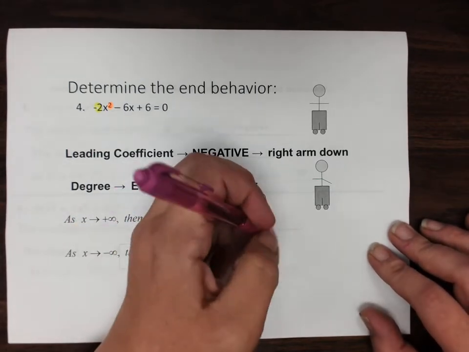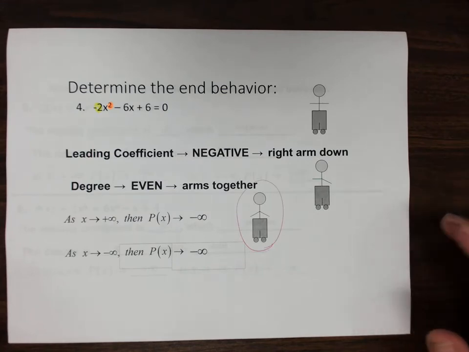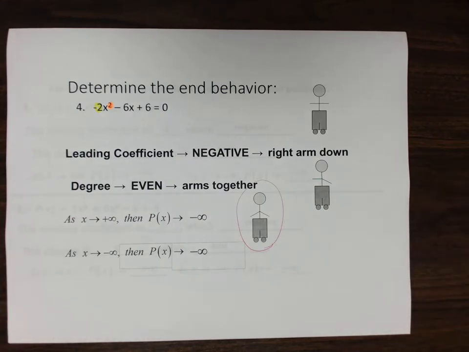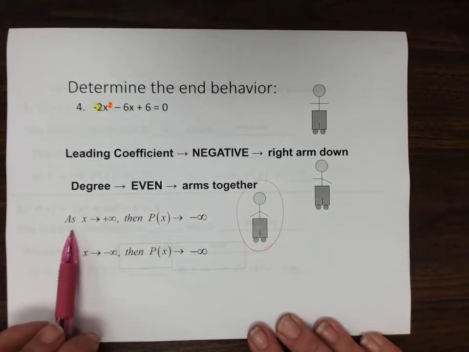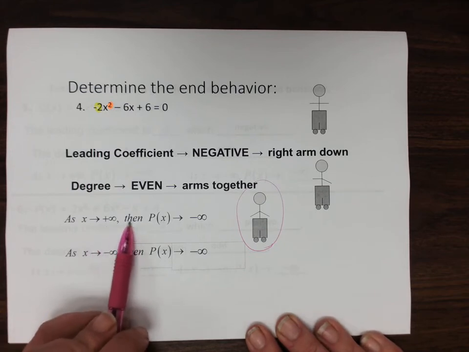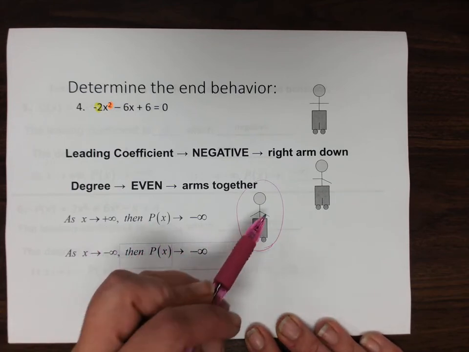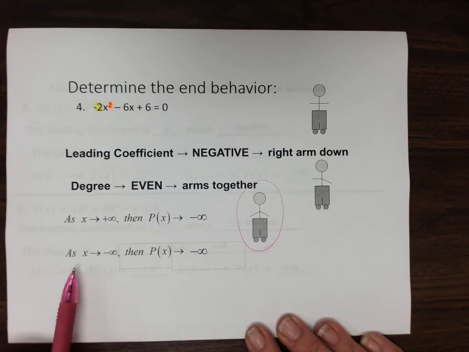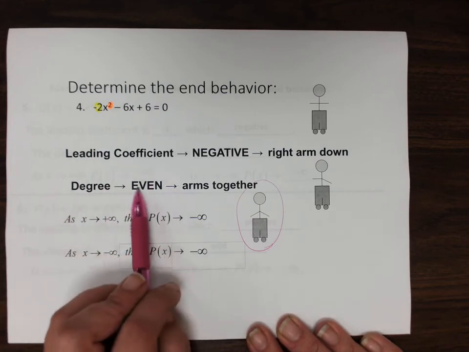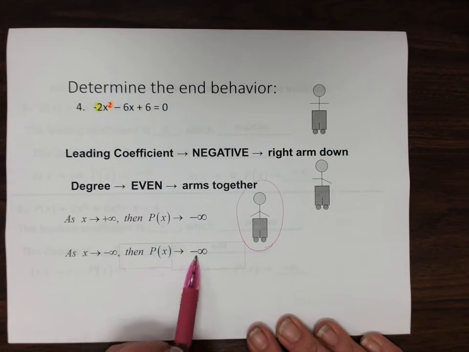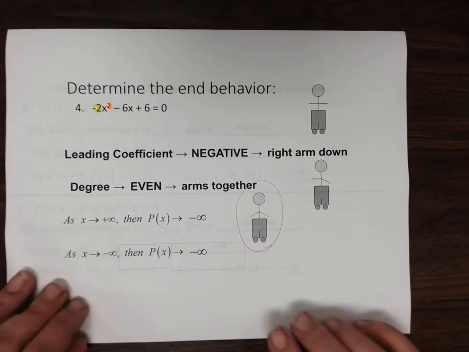So that's telling me it's kind of this picture, right? Both of them are going down. So here's our end behavior statements: as x approaches positive infinity, then p of x approaches negative infinity, right? Right side going down. As x approaches negative infinity, due to the symmetry of even functions, then p of x is going to go towards negative infinity.